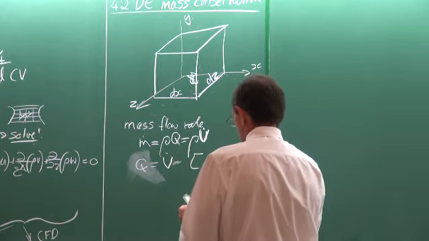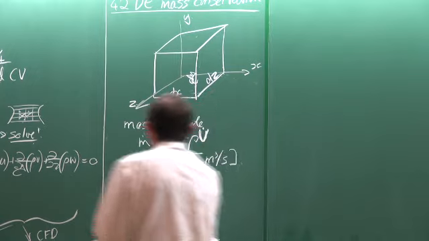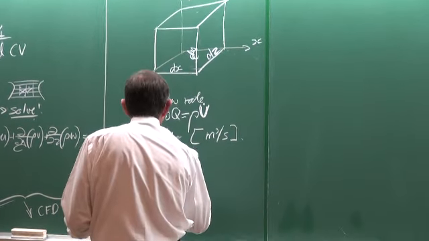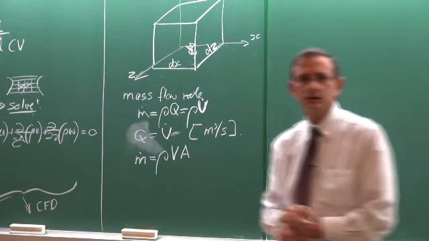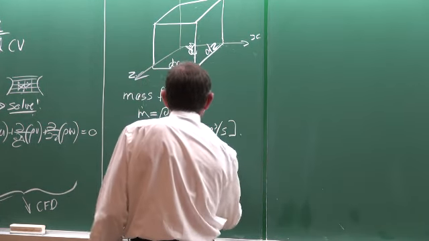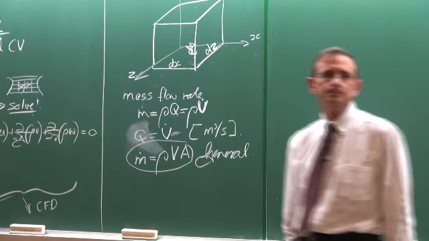So in terms of this definition that we know of the mass flow rate, we can also write that the mass flow rate is equal to rho multiplied by the velocity multiplied by area. That is just in general how we normally think of mass flow rate. You agree?